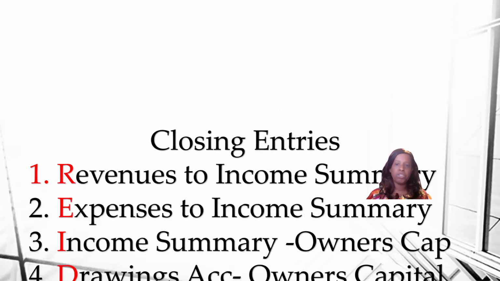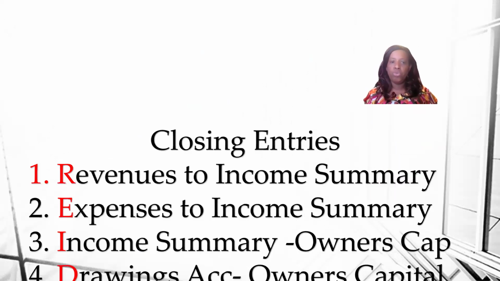So our major deal today is to talk about what? Closing entries. And for that, you can use the acronym READ. R-E-I-D is also pronounced read. I know R-I-E-D is read, R-E-E-D is read, R-E-A-D is read. All of those are read, but we're focusing on what you read today, R-E-I-D.